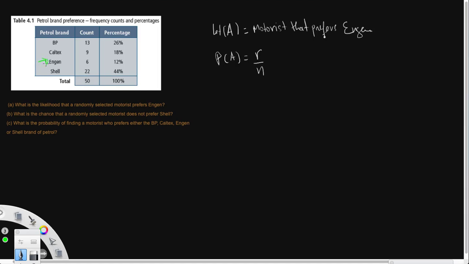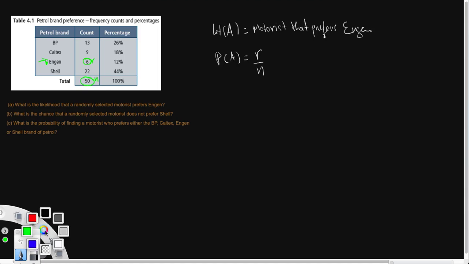We see the number of times someone will choose engine: here the number of outcomes of engine is 6, and the total number, everything, is 50. So we see that our R is 6 and our N is 50.